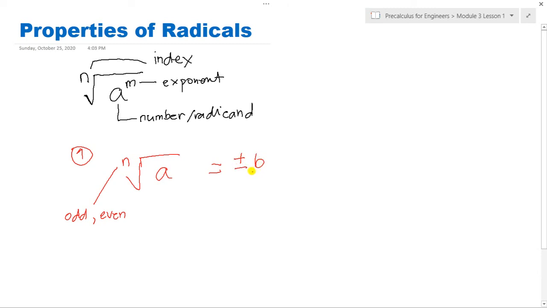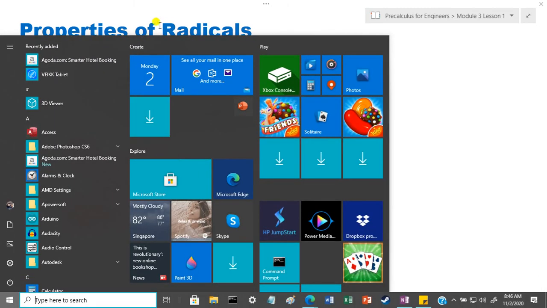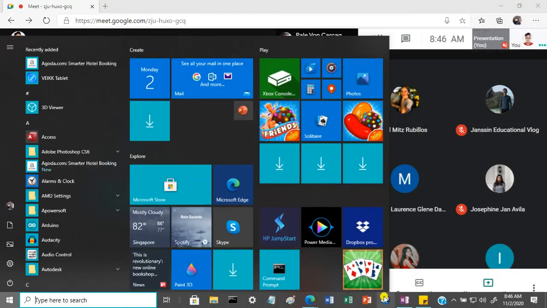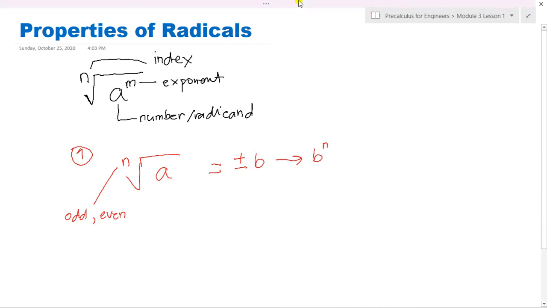So ito yung answer niya, positive or negative b, such that if we take the exponent of b, let's say b raised to the power of n pala, kasi yung index natin is n. So when we take b to the power of n, the resulting answer would be a.